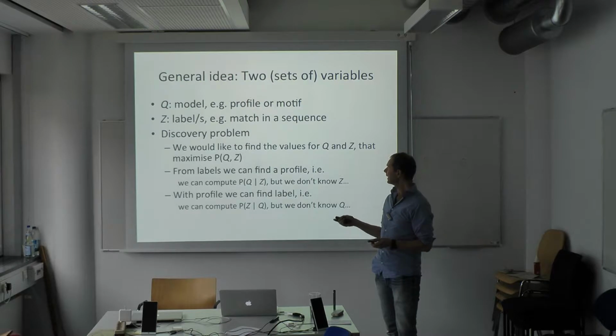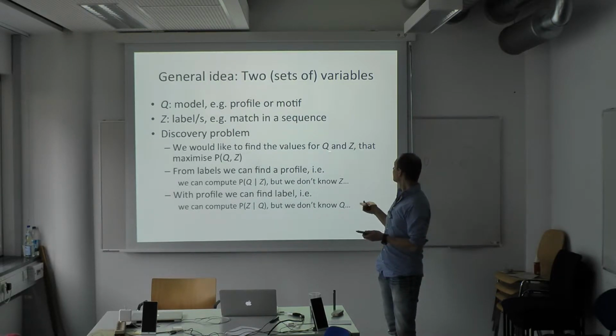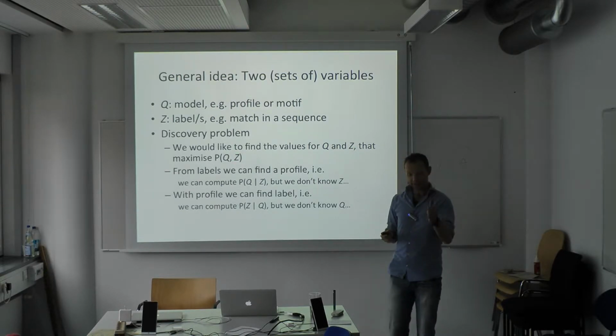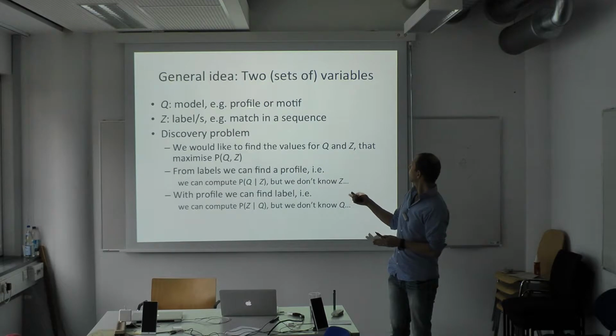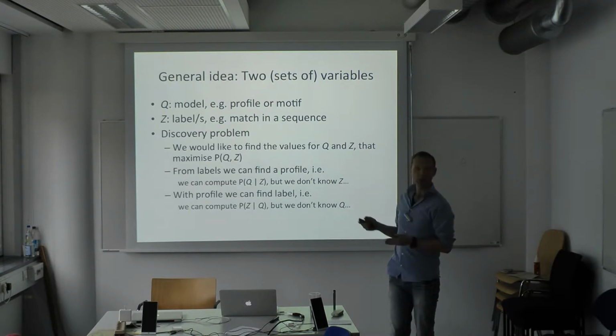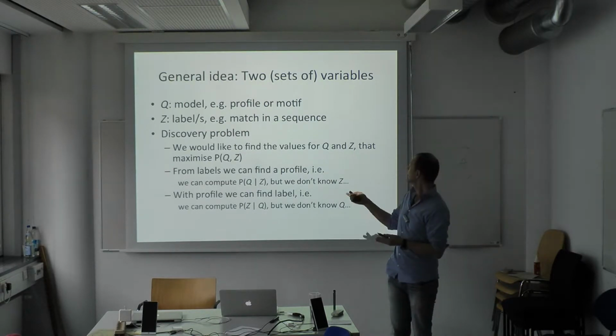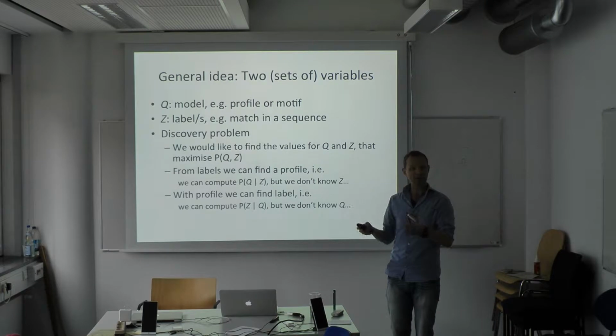We'd like to find the entry that has the largest probability, and that would be the one which identifies what our profile would look like and what our labels would look like. So what the motif looks like, as well as where the matches are in our sequences.